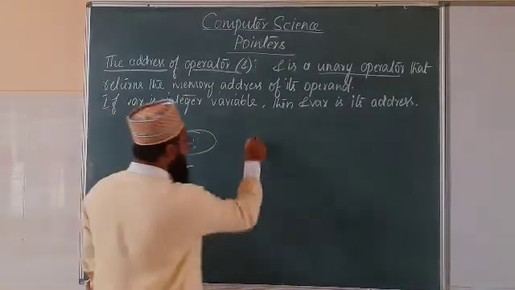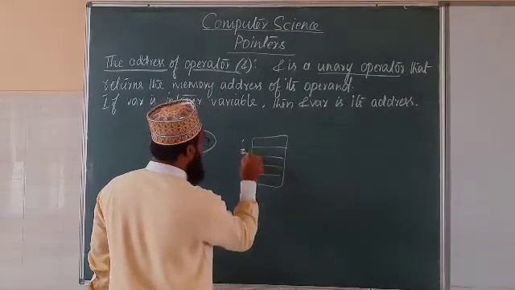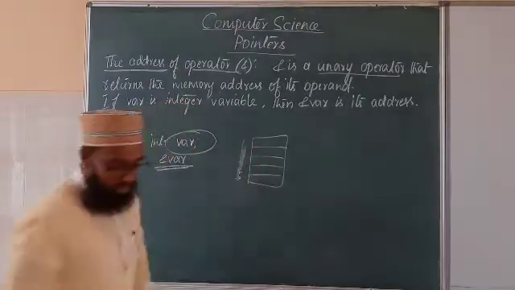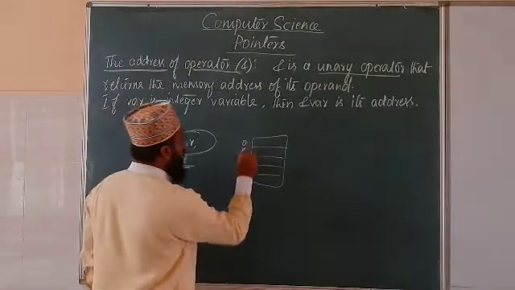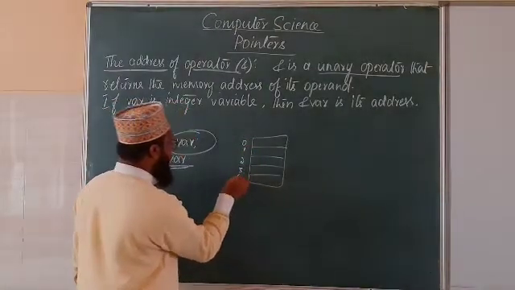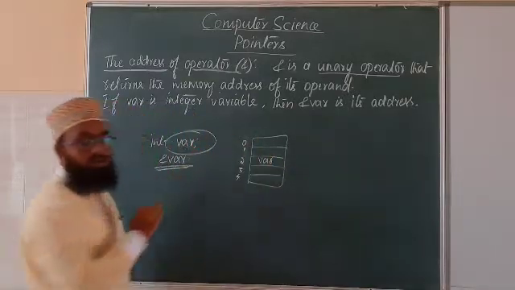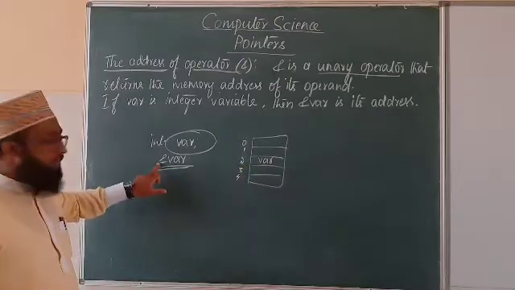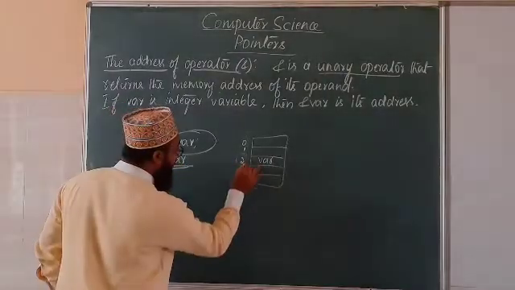Address of var means, think these are the memory locations: 0, 1, 2, 3 and 4. If the variable var is stored here, and we use the address of operator with var, then this will give the address.